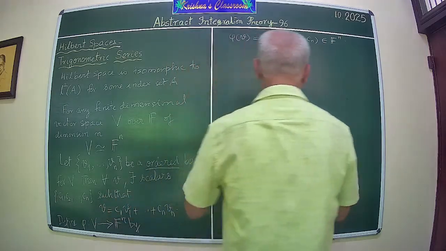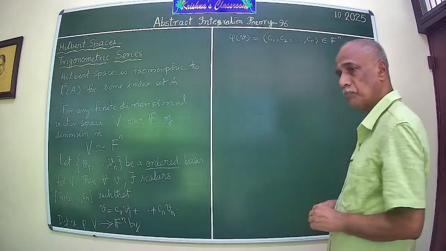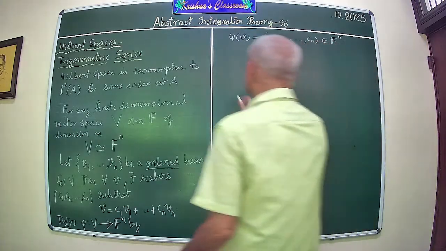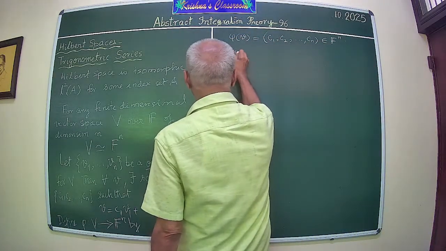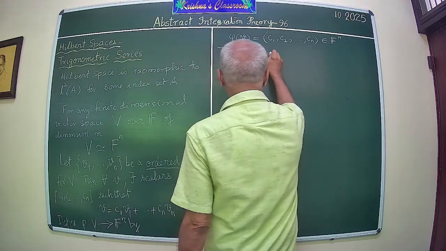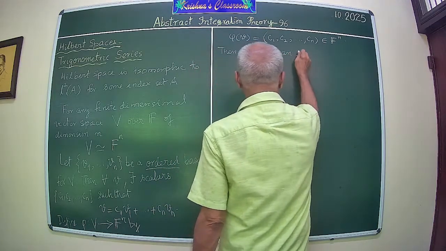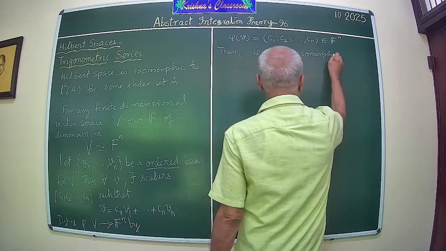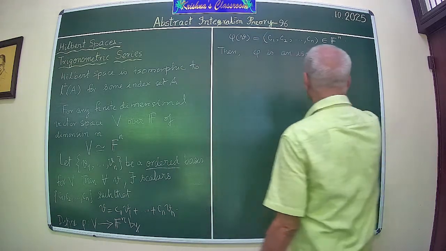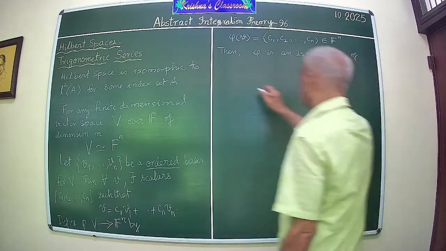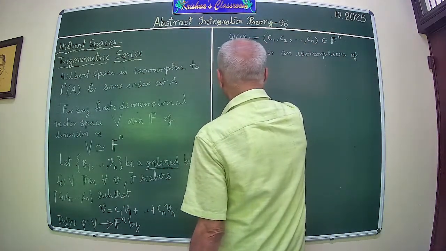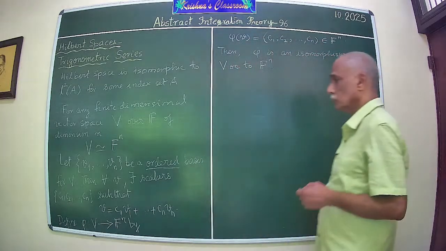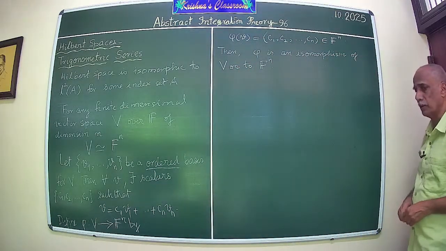Then phi is an isomorphism of V onto F^n.